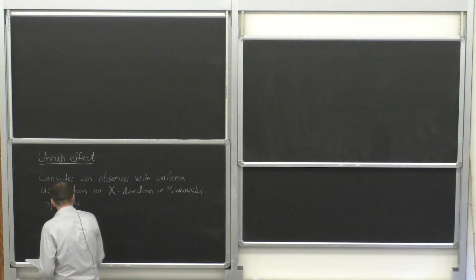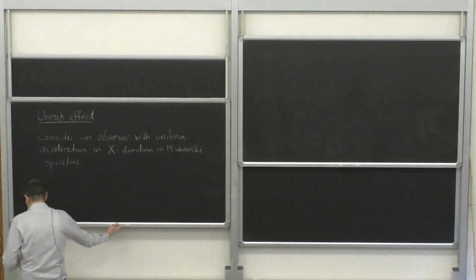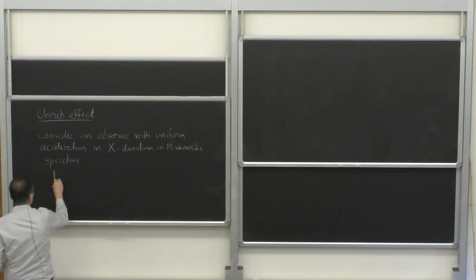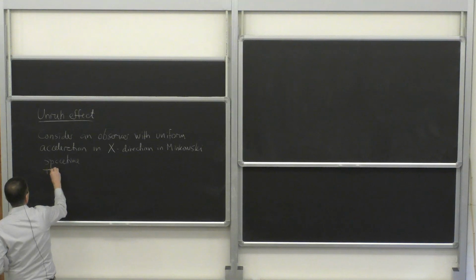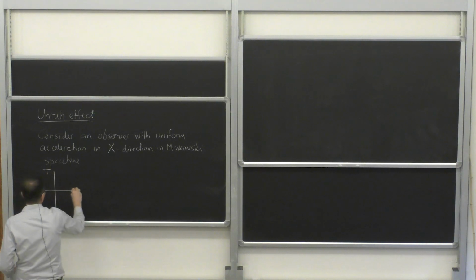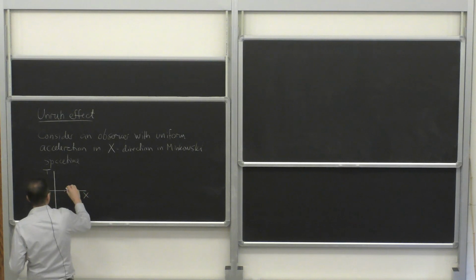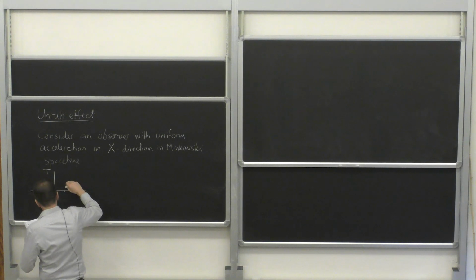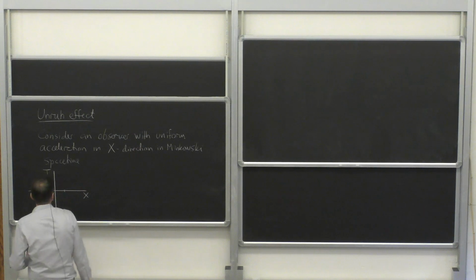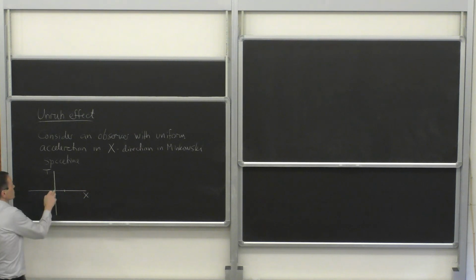So let's look at the space-time diagram that I have in mind here. We have t going up. As usual, we have units where c is 1. Here's my x variable, and I'm going to think about a uniformly accelerated observer whose point of closest approach to the origin will be at t equal to 0.